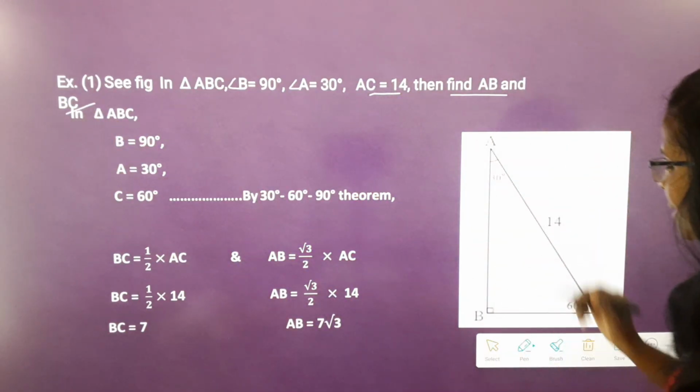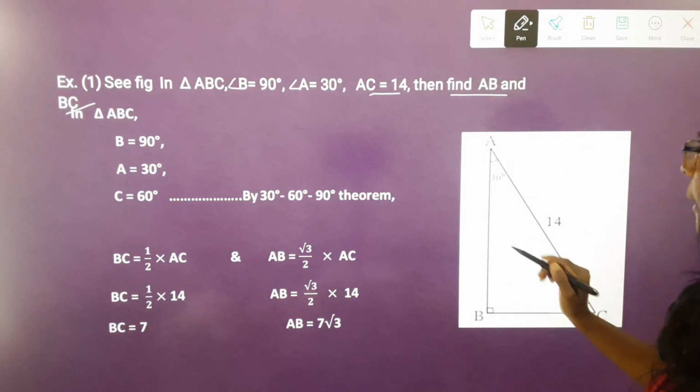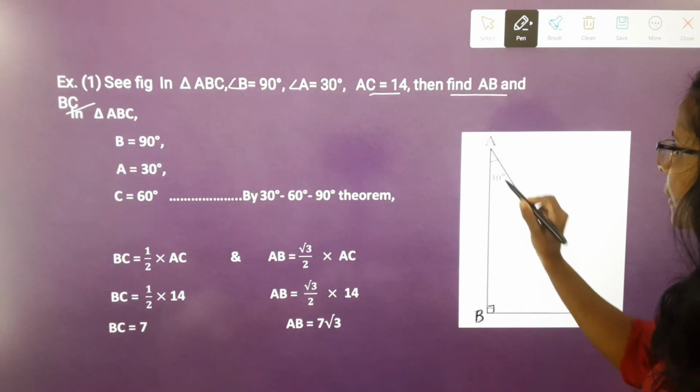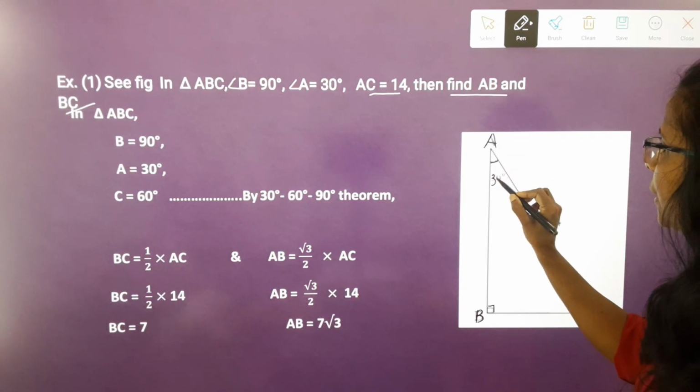Okay, so this is the figure that we see here. This is angle B, which is equal to 90 degrees. This is angle A, which is equal to 30 degrees.